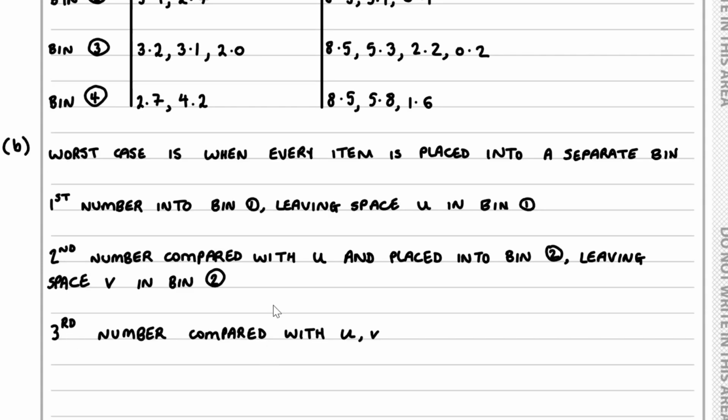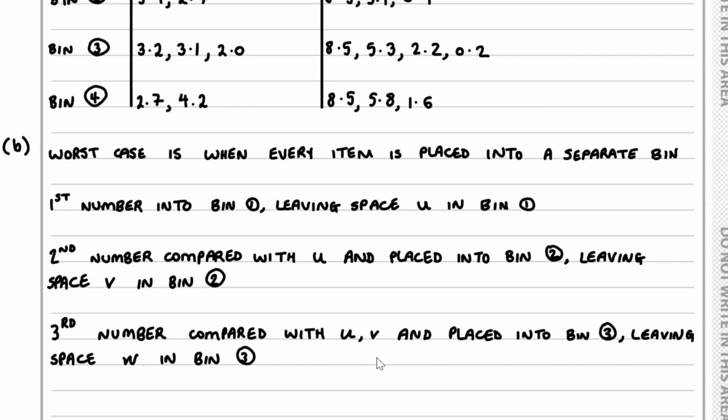With our third number, we compare our third number with the amount of space left in bin number 1, which is U, and the amount of space left in bin number 2, which is V. So the third number is compared with U and V. Because there's not enough space in bin number 1 and bin number 2, we place the third number into a new bin, bin number 3. And of course, this will leave space W in bin number 3.